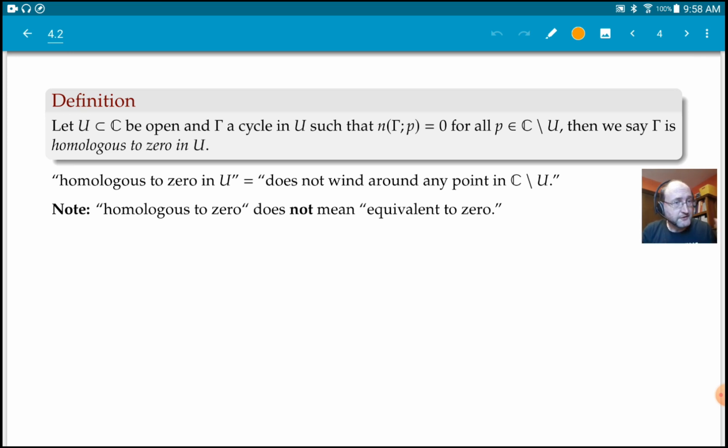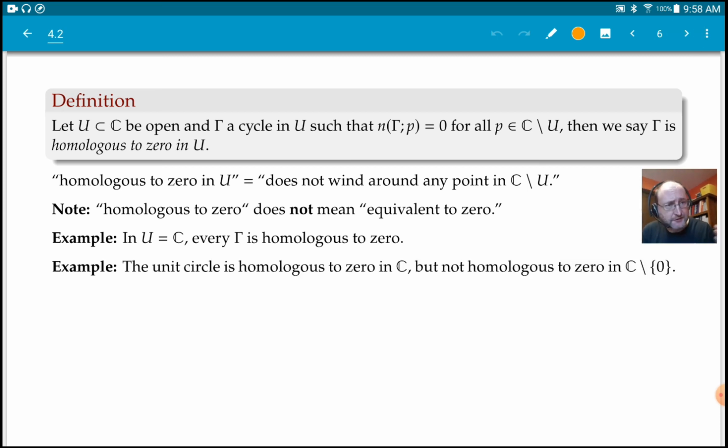These are just cycles that happen to not wind around anything in the complement. For example, if U is all of the complex plane, then every cycle is homologous to 0. So it's definitely not equivalent to 0. There are lots of very interesting cycles in C.